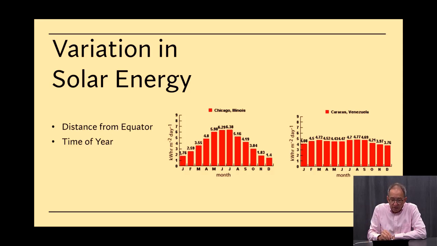And we can see that during the months of the year in Chicago, Illinois, we get a huge range in energy from the sun, going from 1.76 kilowatt hours per square meter per day to a little more than 6 kilowatt hours per square meter per day. Whereas if we look at someplace more along the equator, that is a fairly flat line.